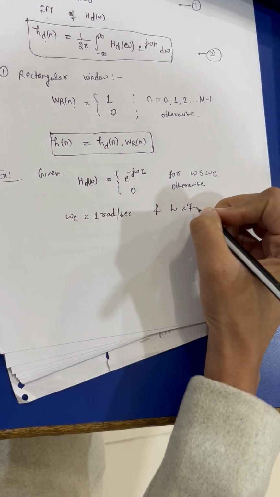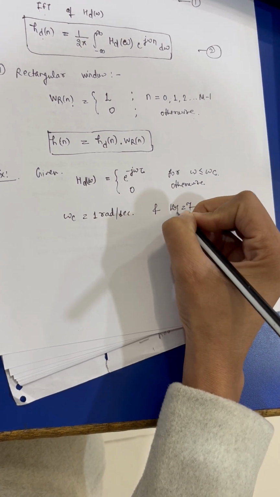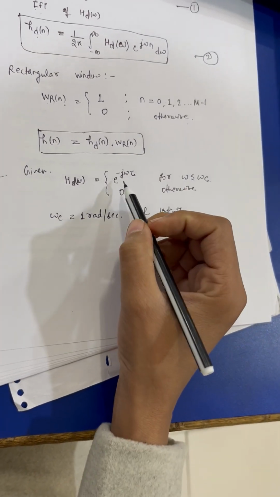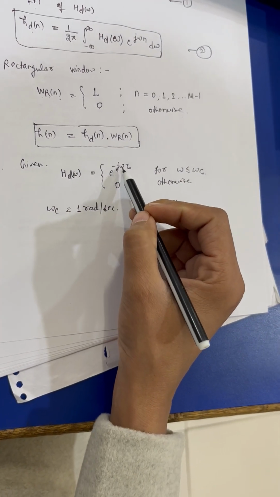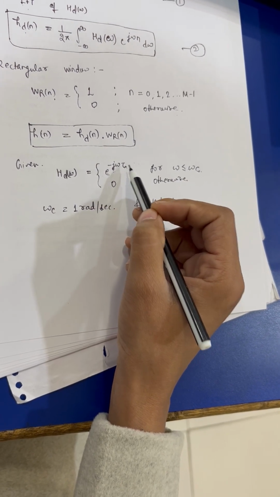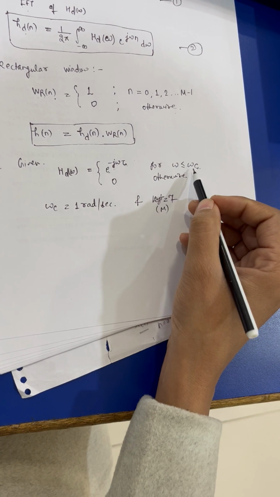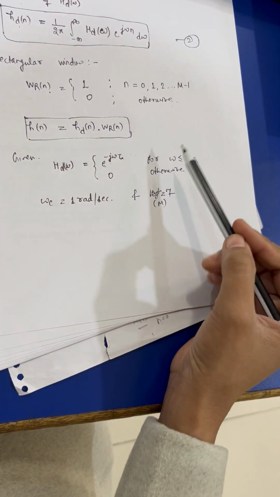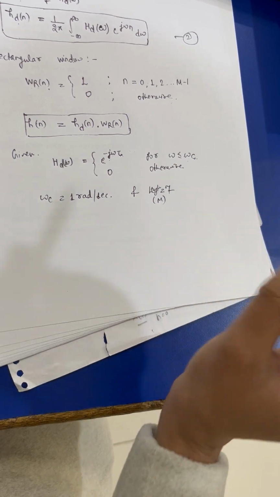The length is denoted by capital M. Sometimes we get the question with e to the power minus 3jω or 2jω, but here τ is the unknown quantity. How do we know ω_c is 1 radian per second? The limit will be from minus infinity to infinity, and by the symmetry property it goes from minus 1 to plus 1.